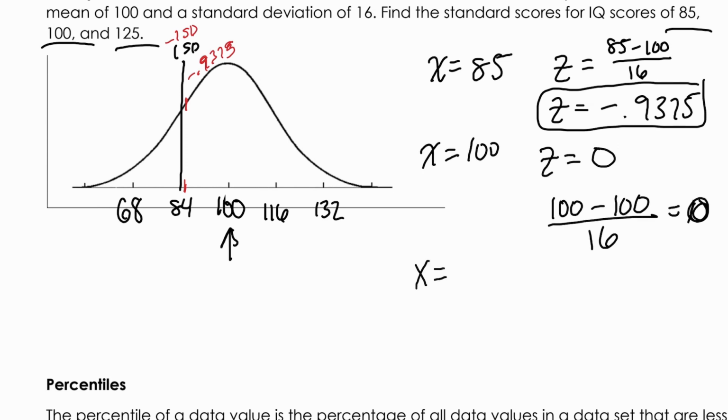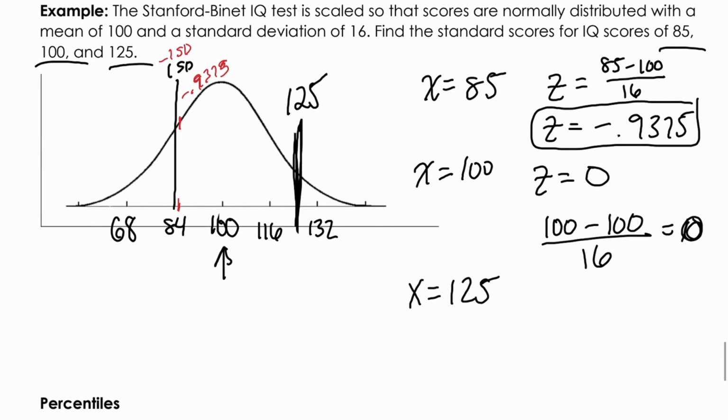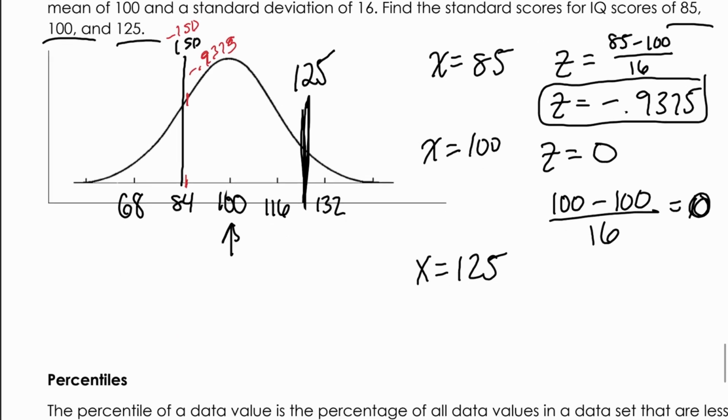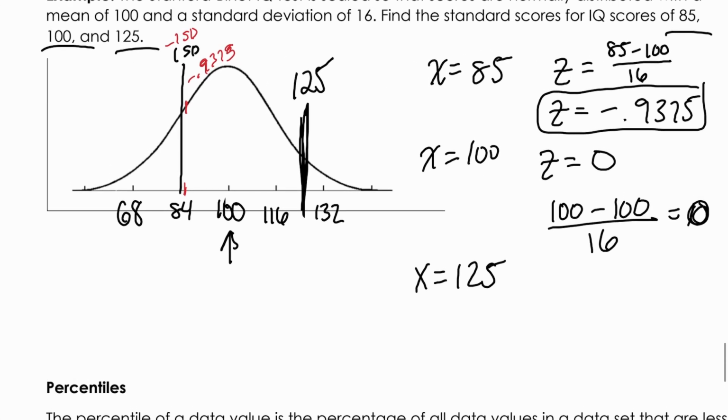Okay, last one. When X is 125, I'm anticipating that this should give me a positive Z value because 125 is on the right-hand side of the mean. 125 falls somewhere in here, approximately. So I know it's going to be between 1 standard deviation and 2 standard deviations away from the mean.